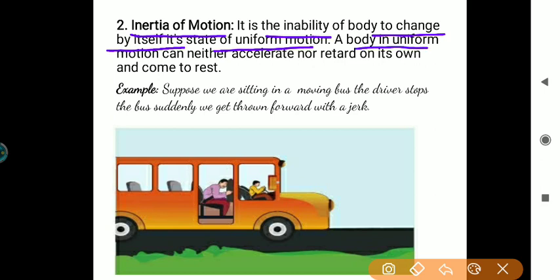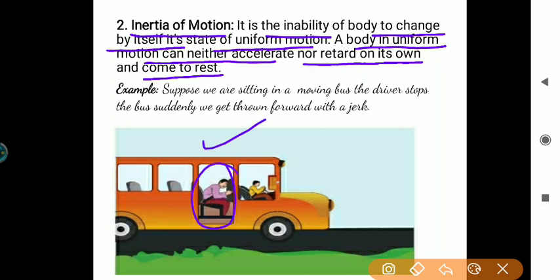A body in uniform motion can neither accelerate nor retard on its own and come to rest. For example, suppose we are sitting in a moving bus, and the driver stops the bus suddenly, we get thrown forward with a jerk.